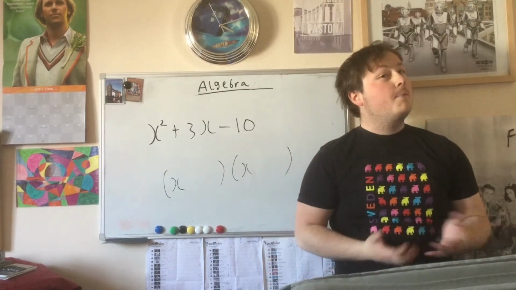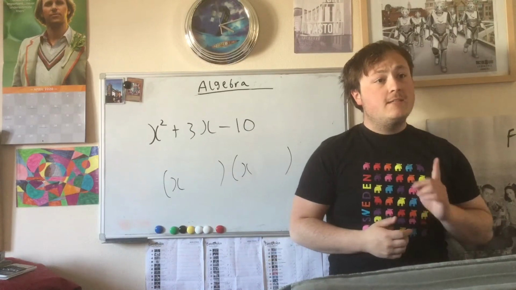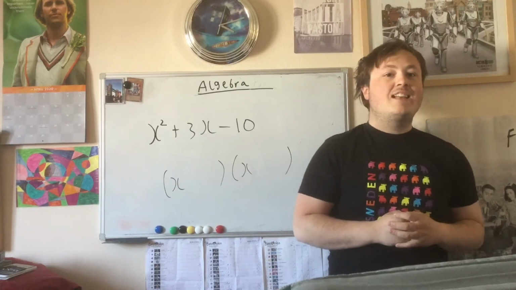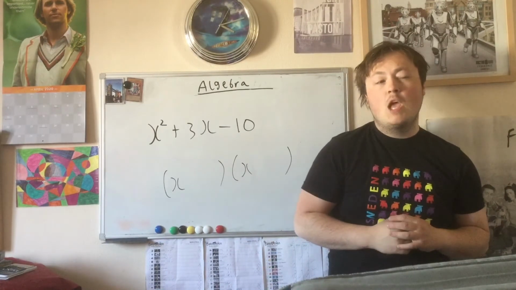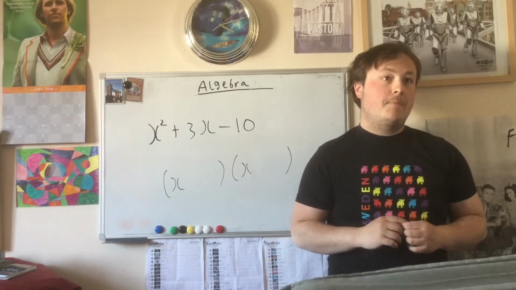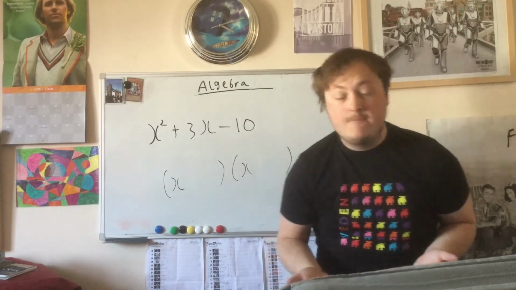So we've got to think a bit more outside the box. So we need to find two numbers that when multiplied together get us negative 10, but when added together get you a positive 3. So let's do 1 and 10 firstly.